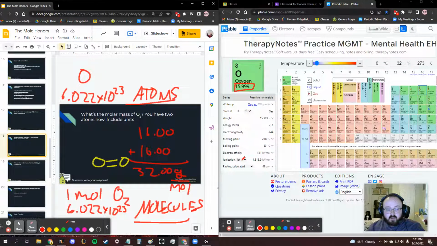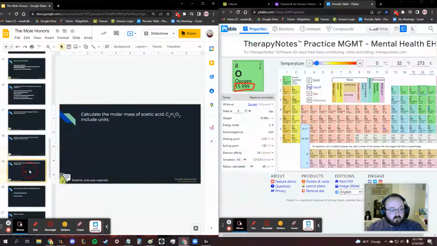So the molar mass of O2 is 32 grams per mole because there are 2 atoms of oxygen in each molecule.